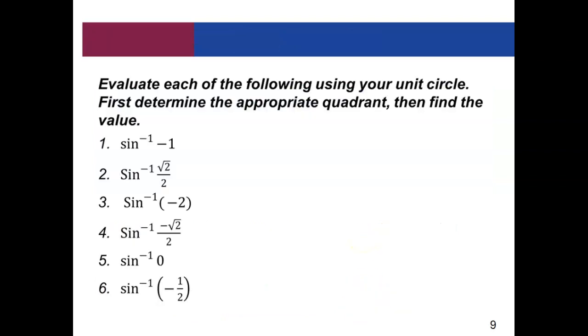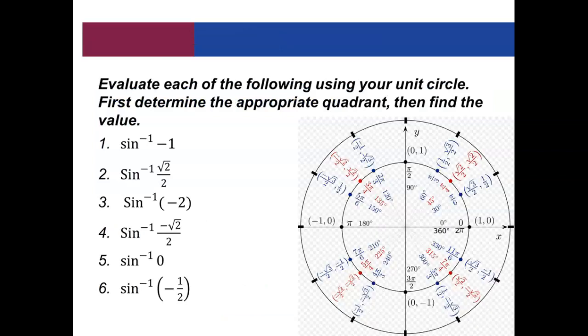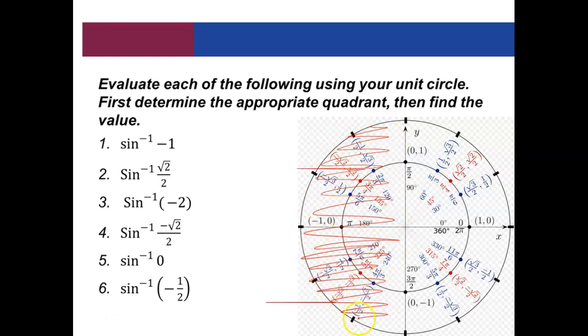Okay, so we want to look at these examples. I'm going to pull up a unit circle because that's what we are going to be working with. We know that for inverse sine, we can only look at the fourth quadrant and the first quadrant, so we're going to forget that these two quadrants even exist.